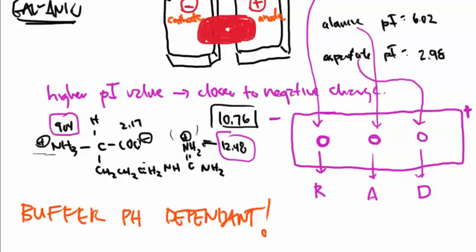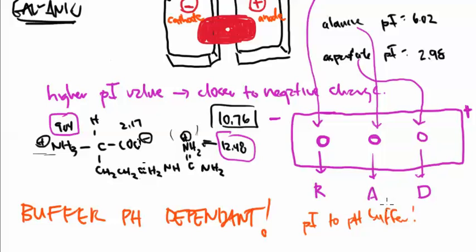But they could get a little tricky on you and they could change the buffer up a little bit. And when they change the buffer up, then this separation process can change slightly as well. So what you have to look at is you're comparing the pI of the amino acids to the pH of the buffer that we are using in solution.